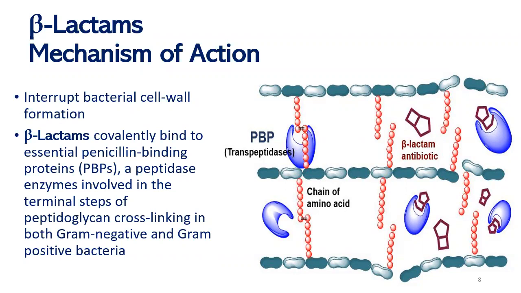Accordingly, with the stop of this vital enzyme for cell wall formation, the cell wall will be destroyed, and that will allow fluids from the environment to leak into the cell, or it will form large pores in the cell envelope, allowing many of the vital contents of the cytoplasm to leak out. And that will kill the bacterial cell at the end.